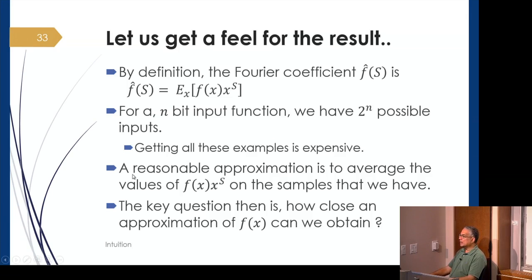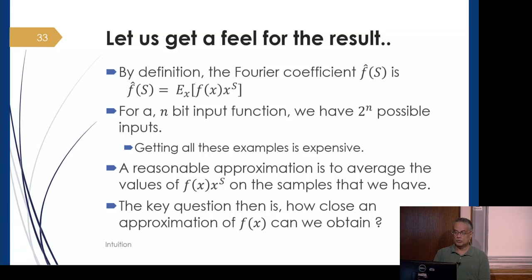So a reasonable approximation, instead of finding all the 2 to the n coefficients and then looking for the dominant ones, is intuitively to average the values of this on the samples that we do have, and use that as a basis for deciding what to do. And we'll see this in detail, but that's the intuition. And then, if this averaging is any good, how close an approximation to f of x can we obtain?